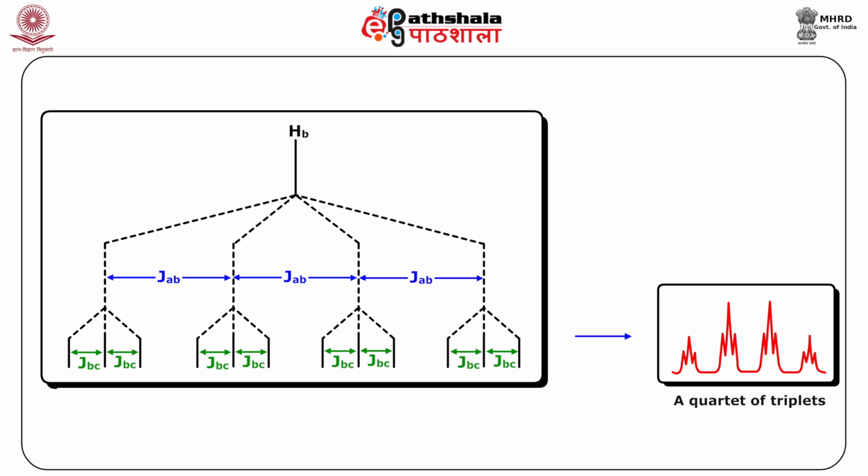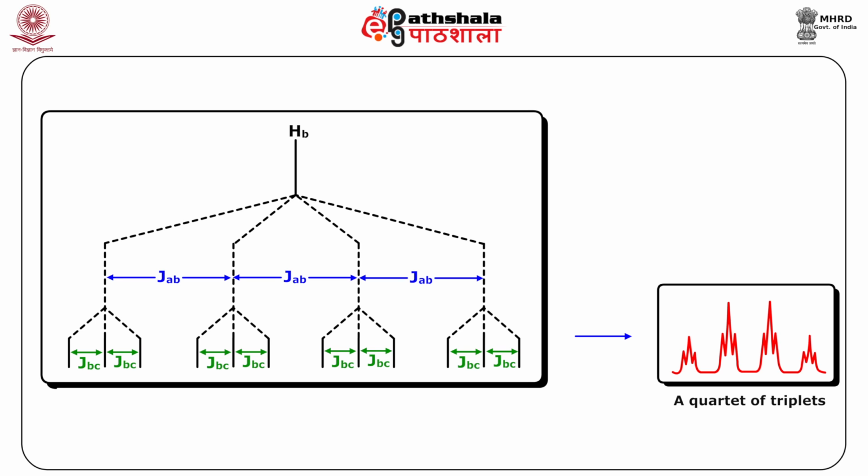One can expect a sextet for Hb, but in actual the signal of Hb appears as a quartet of triplets due to the non-equivalent nature of the coupled protons Ha and Hc, and hence it leads to unequal coupling.